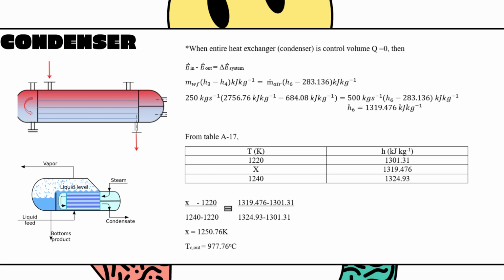H6 equals to 1,319.476 kilojoules per kg. From table A17, we use the interpolation method and then we get X equals to 1,250.76 Kelvin. TC out equals to 977.76 Celsius.